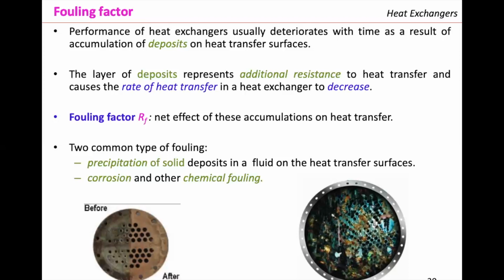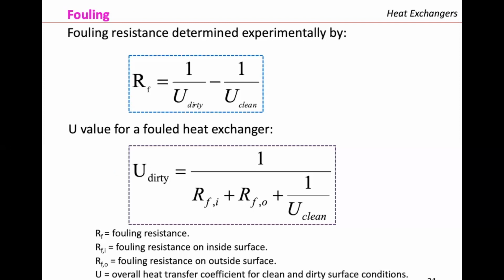And again, this is a fouled surface, right? It's all dirty. So the fouling resistance can be determined experimentally by 1 over the overall heat transfer coefficient dirty, or including the fouling resistances, minus 1 over the clean overall heat transfer coefficient, or the heat transfer coefficient without fouling, okay?